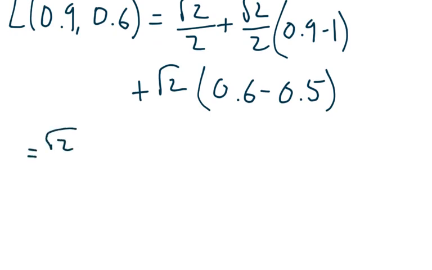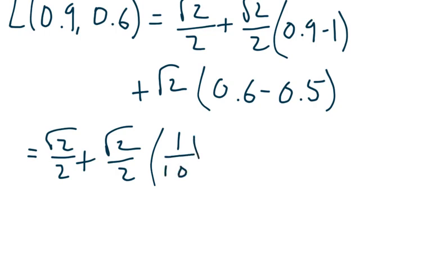So this is square root of 2 over 2 plus square root of 2 over 2 times, 0.9 minus 1 is minus 0.1, or minus 1/10, plus square root of 2 times 0.6 minus 0.5, which is 0.1, or 1/10.